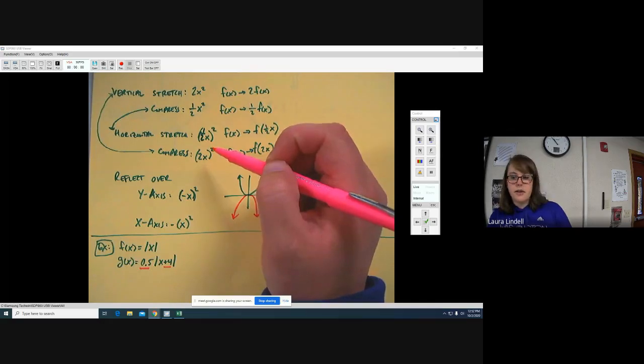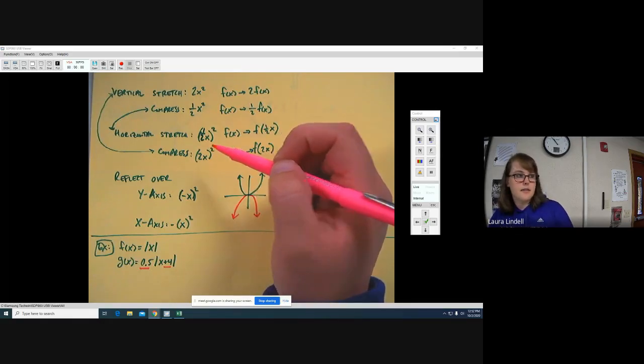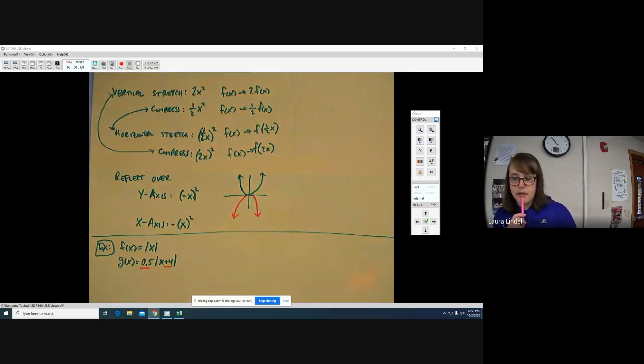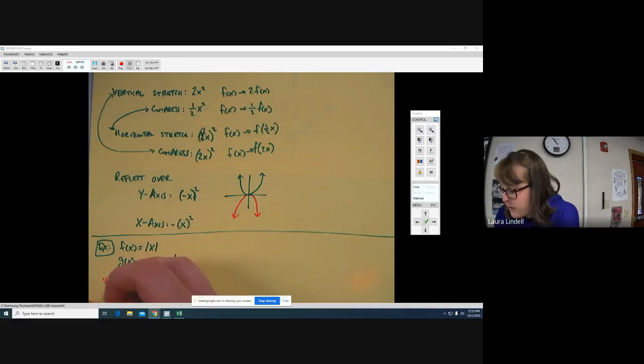Then are we stretching it or compressing it? If it's 0.5, are we stretching or compressing? Yes, 0.5 out in front means we are vertically compressing this thing. So we know we've got vertical compression.